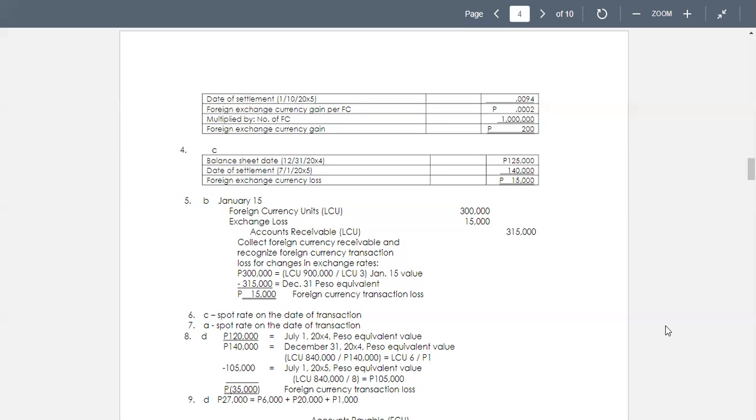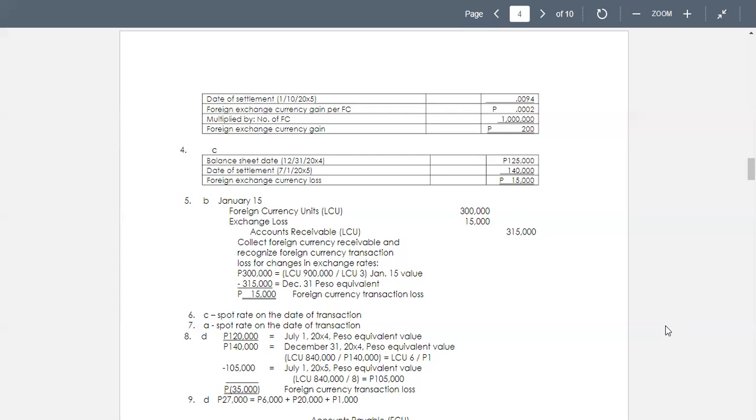So that gives 105,000. 140,000 minus 105,000 gives a difference of 35,000. Now, that 35,000 is the foreign currency transaction loss. So the answer to number 8 is letter D, as in dog.